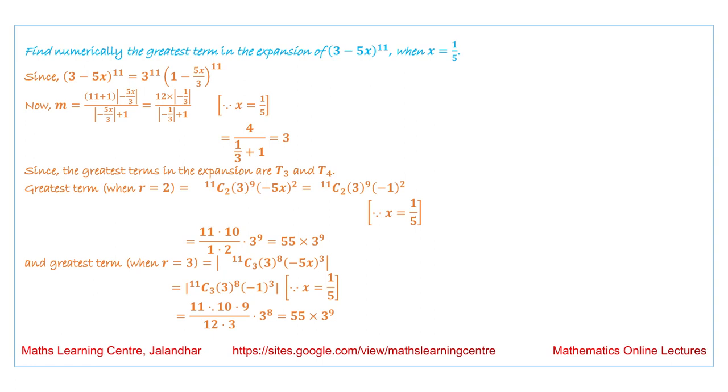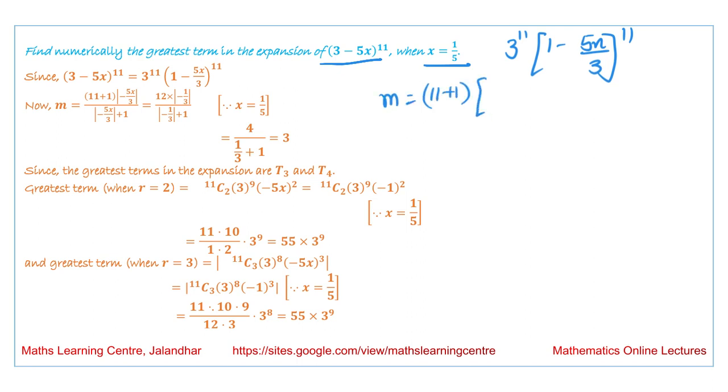Next is to find the numerically greatest term in the expansion of this, where x is equal to 1/5. If we write this as 3^11 into (1 - 5x/3)^11, we calculate the value of m as (11+1), that is n+1, into |-5x/3| divided by (|-5x/3| + 1).